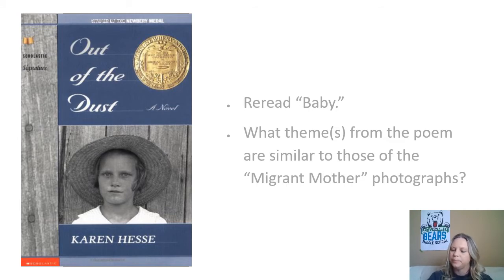Why would somebody leave this baby? And how did Billy Joe react to the baby? Those can all lead you to the tone and then the possible theme. So go ahead and stop, reread, and dig into that poem. You've already read it once, so reread it and dig into it again, and we'll discuss it when you push play again.